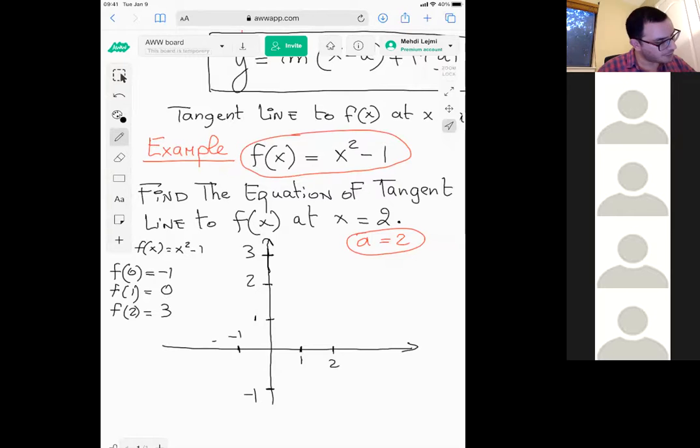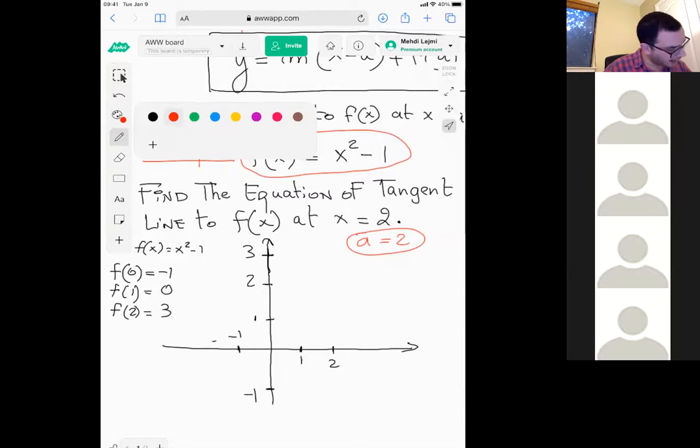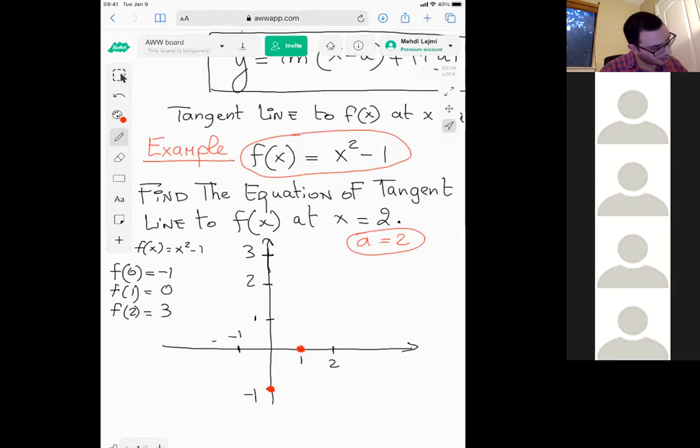So anyway, if you graph f of x, we're going to have the following graph. So here's 0, -1. This is 1, 0, right? And here's 2, 3. We're going to have -1, 0 here, and probably -2, 3 here.